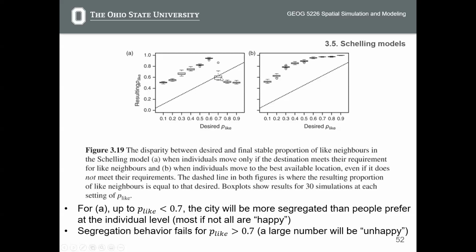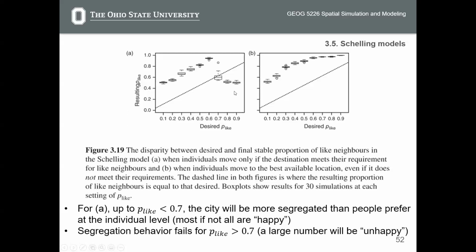It means that if your rules are too strict and you only move when the destination is your preferred destination, not everybody can get what they want.